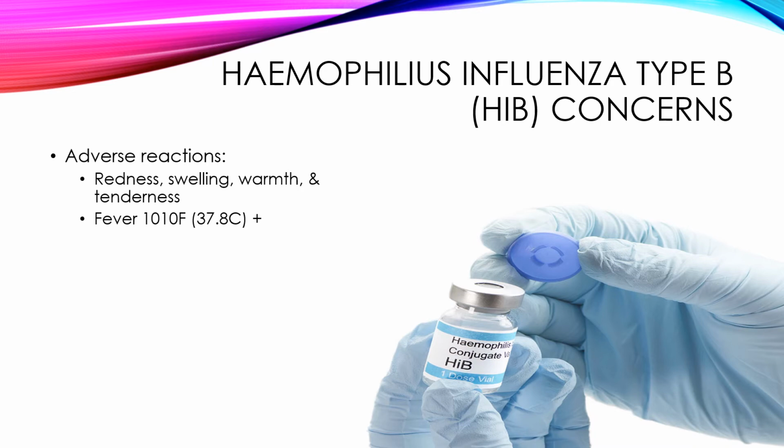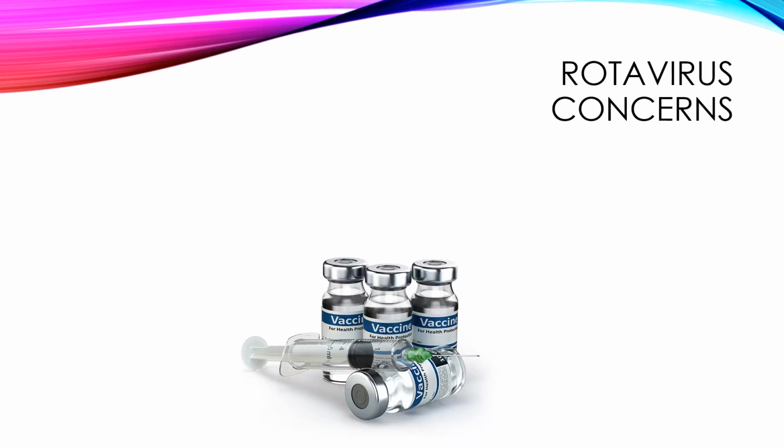So it's hurt, the inflammatory response, the immune response, everything's going on in that local area. So that's common because you gave them a shot. However, if an infant is less than 6 weeks old, they should not get this. They don't have the immune response to do this yet, and should not be considered for the HIB vaccine yet.